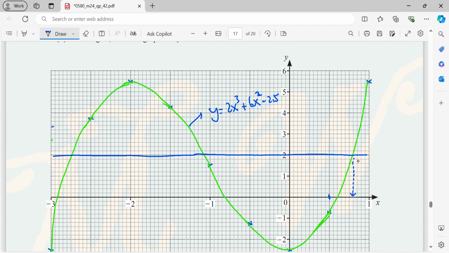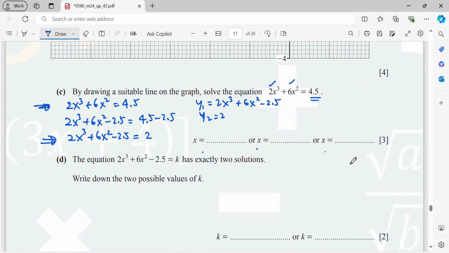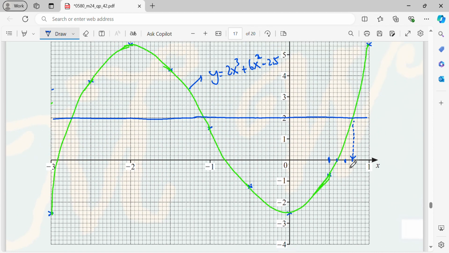So this is 0.5, so this is 0.6, 0.7, 0.8. Okay, so here I will just write 0.8. And then the other one is here. Then another value is here. So you can just read.